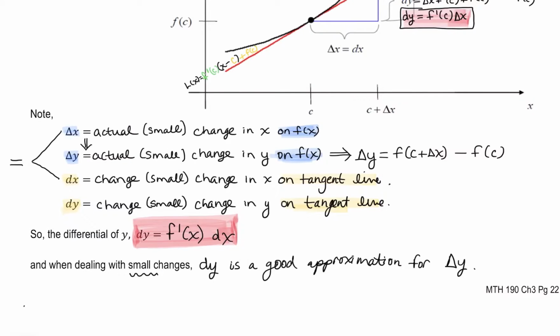So this really gets back to the whole linearization concept, that the tangent line is a good approximation for the actual function for values that are close. That's why when we're talking about small changes, this dy, the change in y on the tangent line, is going to be a good approximation for the actual change in y, because the tangent line is a good approximation for the actual function if we are close to that point of tangency interest. So next time, we're going to look at some examples using this differential of y.